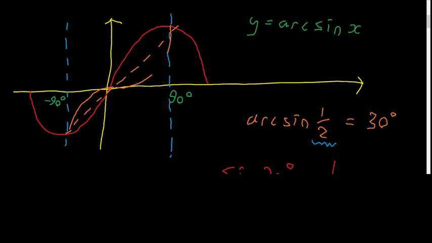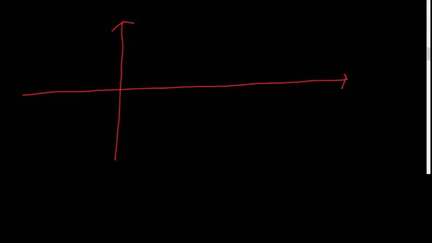And similarly, we can do one for cosine. So let's pick, again, a region of the cos graph where it is 1 to 1. I notice we can't go either side of the origin because already we're facing problems.